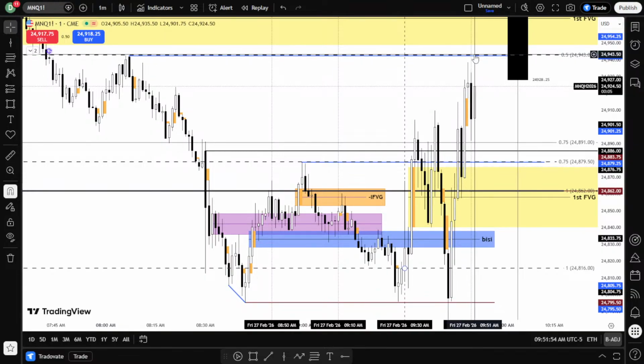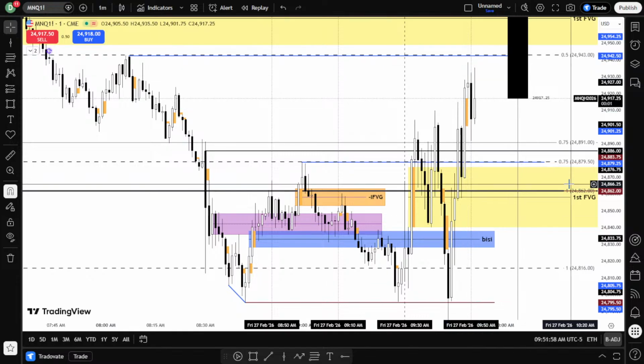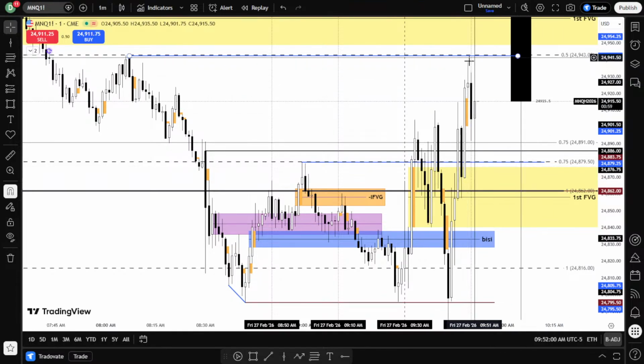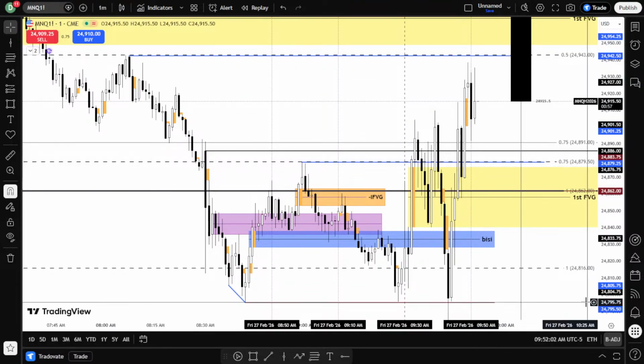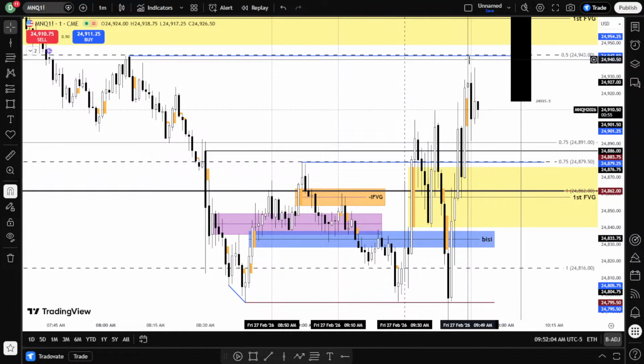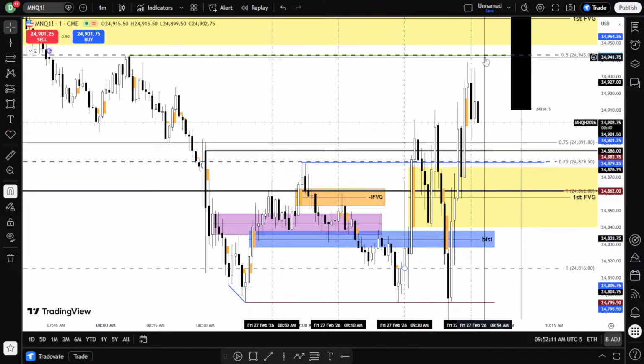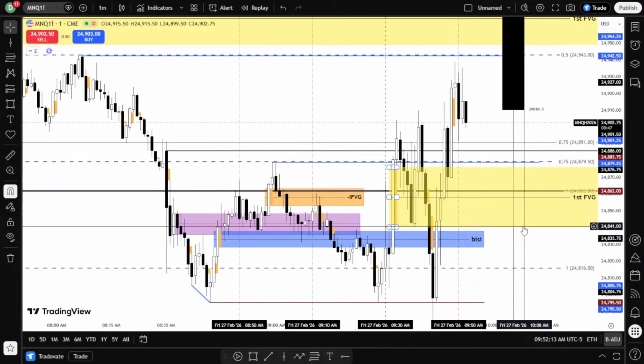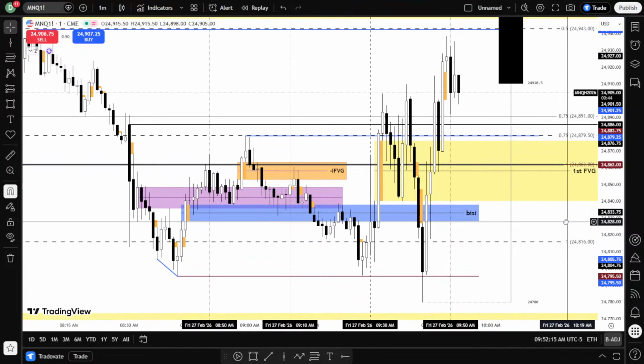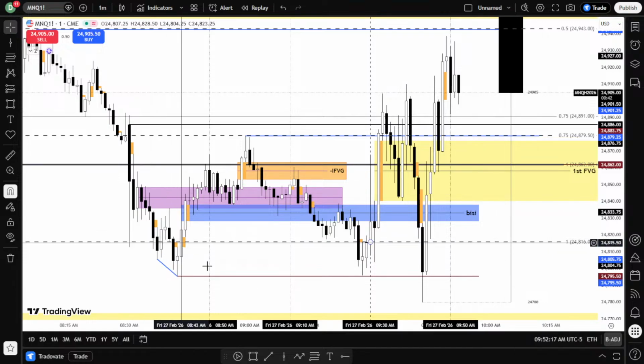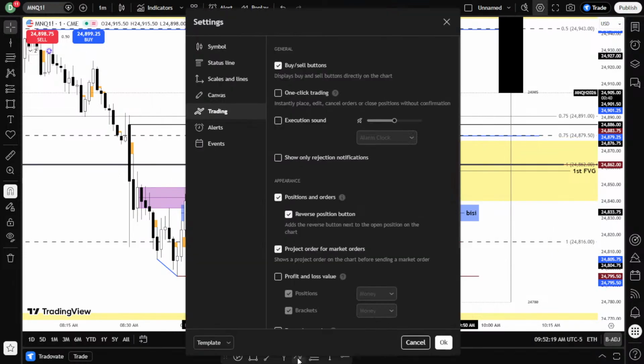That's not much area, but it did not. So that is something to watch for. It came up to this point but did not hit that. So let's see what it does.